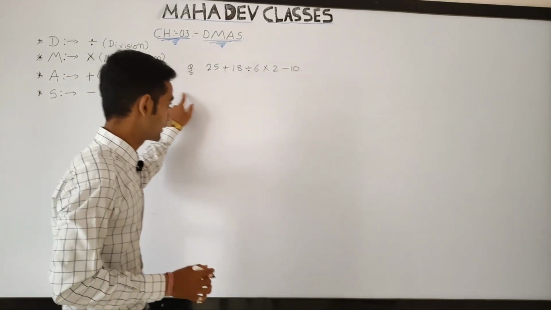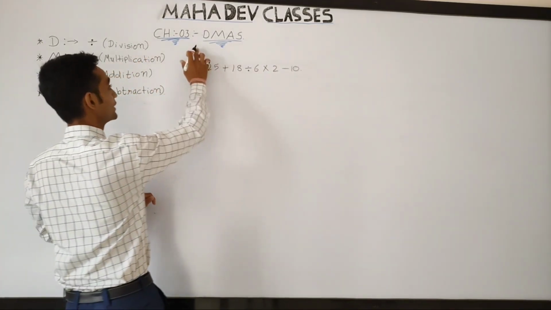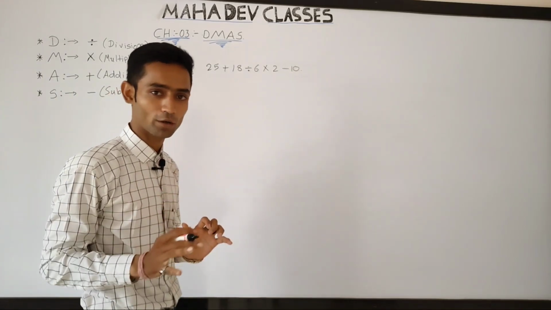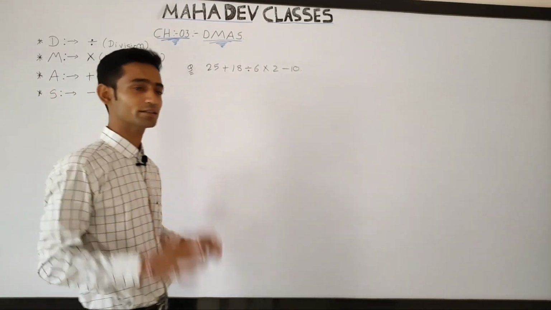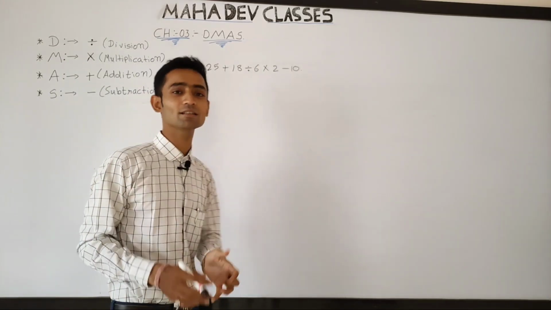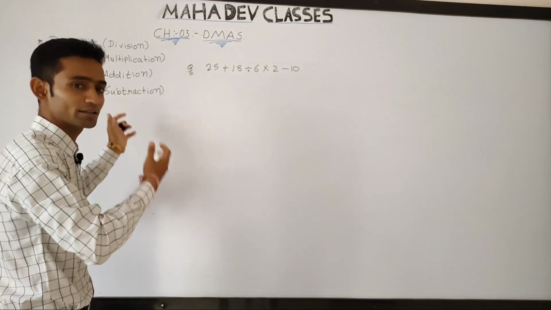Okay, so these types of questions can be solved with the help of this DMAS rule. What you have to do is follow this rule first, then you can solve these types of questions very easily. So first of all we will understand the rule.